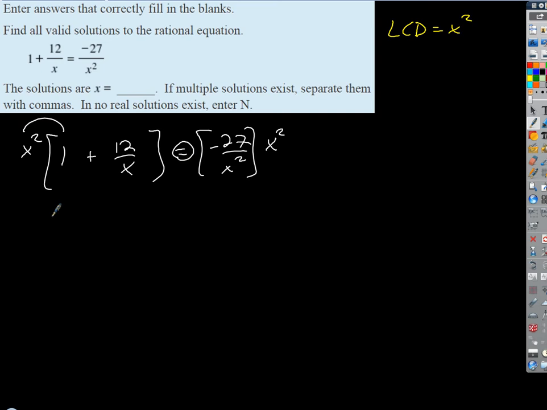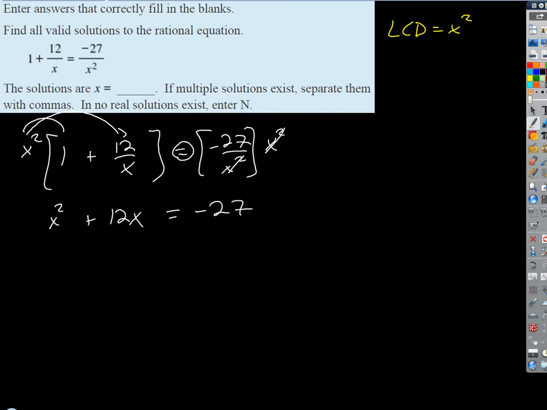So if I distribute the x squared, I get x squared plus 12x squared over x. Well, x squared over x simplifies to just 12x. And then on this side, the x squareds would cancel, and I would just get a negative 27. And so what we're left with is a relatively simple equation.